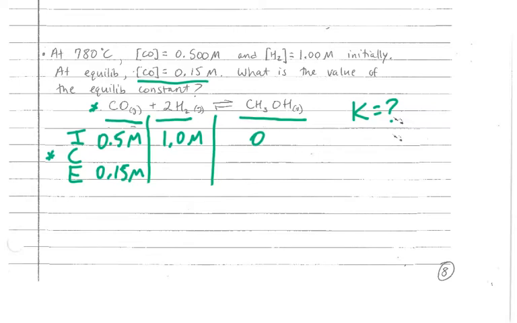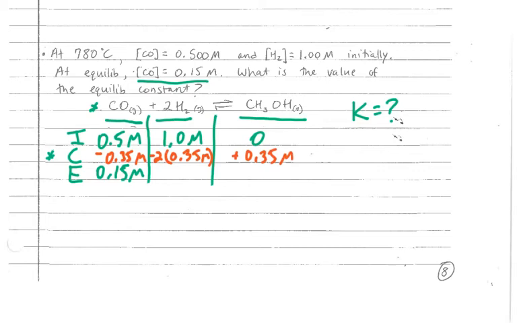If carbon monoxide starts at 0.5 molar and ends up at 0.15 molar, then that's a change of negative 0.35 molar. And since hydrogen has a 2 in front, it's going to go down, I'll say negative, by 2 times as much. So 2 times 0.35 molar. And the methanol will go up by 0.35 molar.